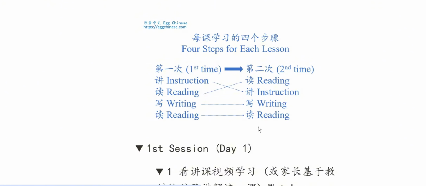The second time is a repeat of the first time. Generally, this repeat is with the intention to let the students understand the lesson or the passage better and to memorize and understand the common characters better. So normally we will learn one lesson in 2 days.